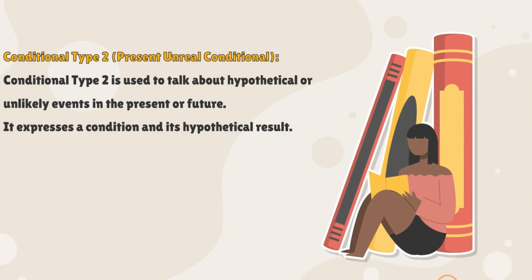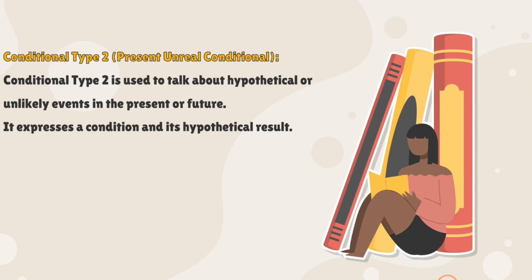The second conditional is conditional type 2. Conditional type 2 is used to talk about hypothetical or unlikely events in the present or future. The difference between conditional type 2 and conditional type 1 is that in conditional type 2 we talk about unlikely events in the present or future, but in conditional type 1 we talk about possible events in the present or future.